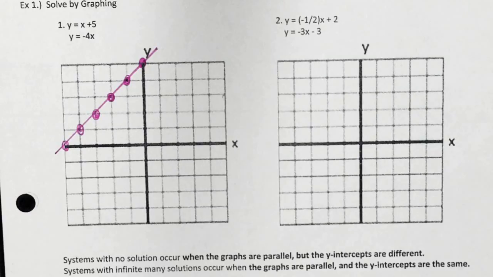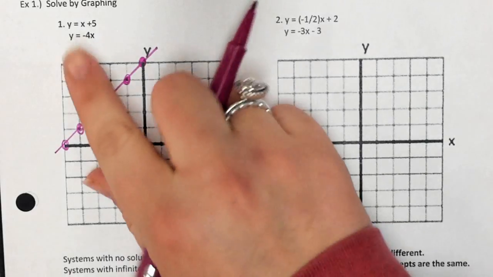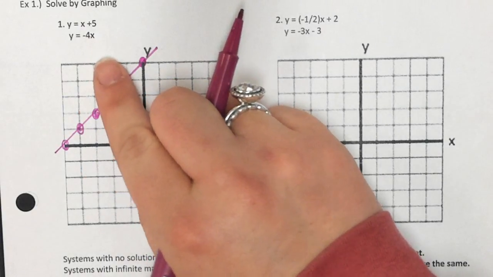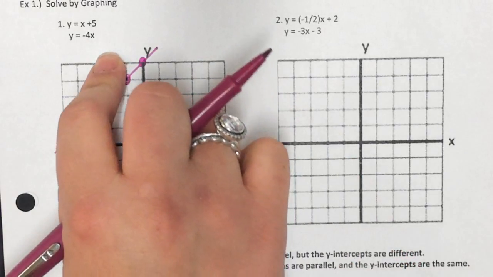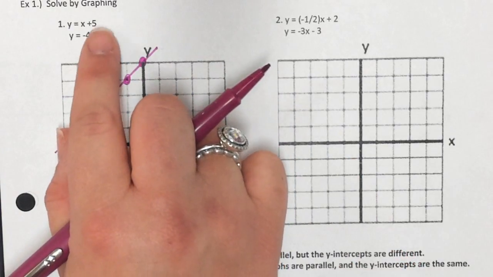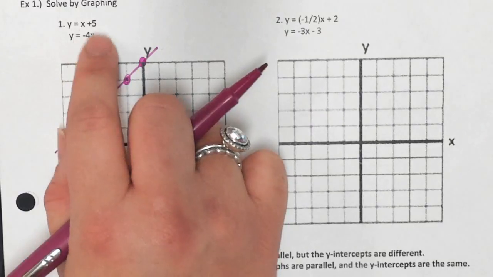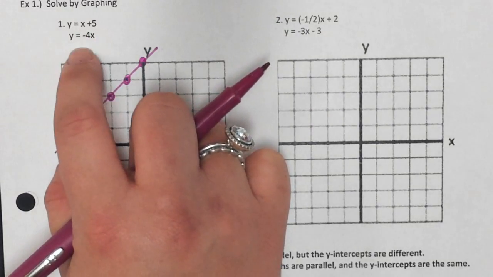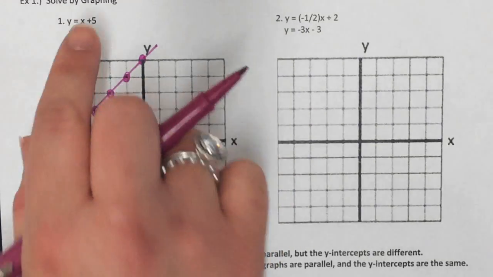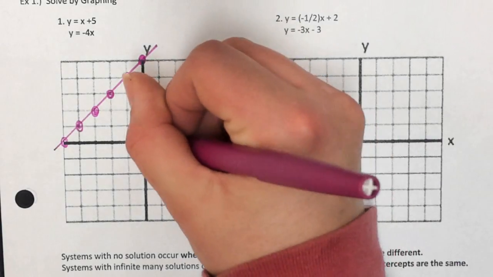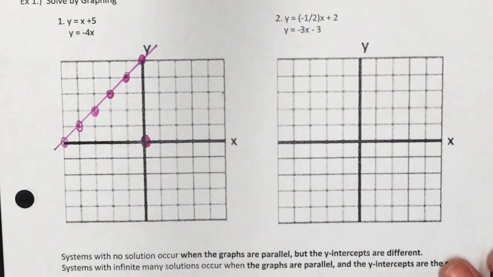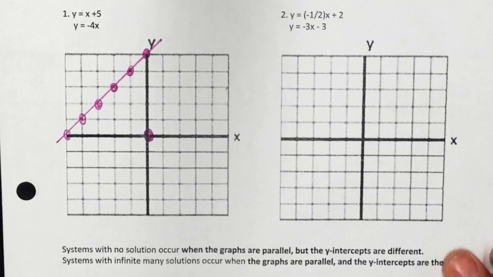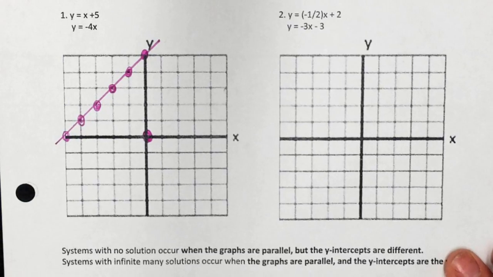But we have a second equation we need to graph. So here's the second equation. What is the y-intercept for the second equation? 0. Good job. There's not a y-intercept, so that means we start at 0. So our slope is -4.